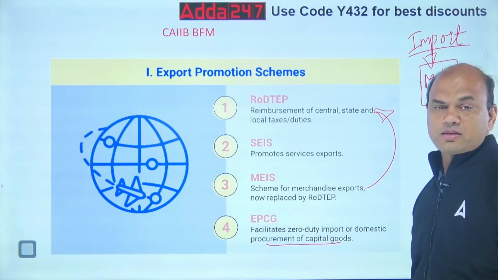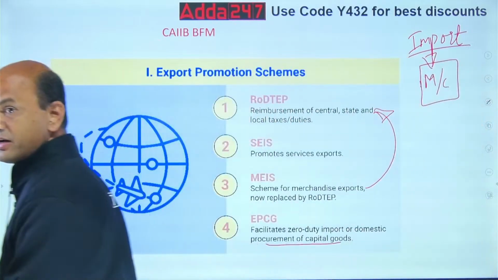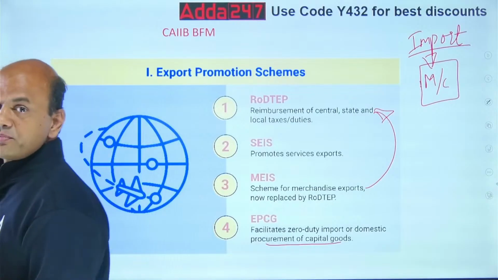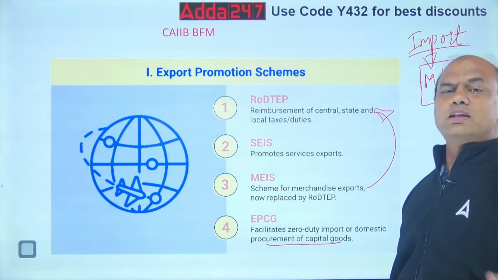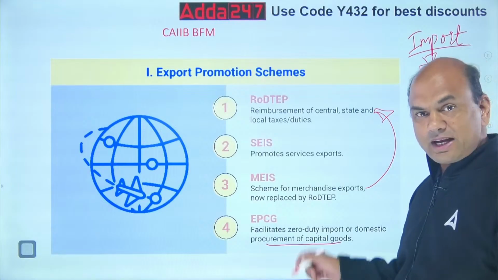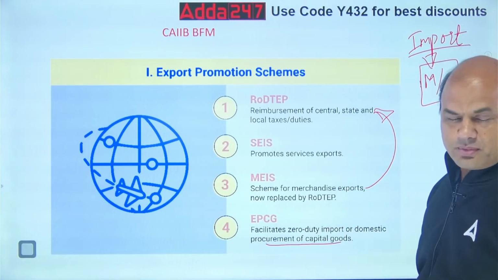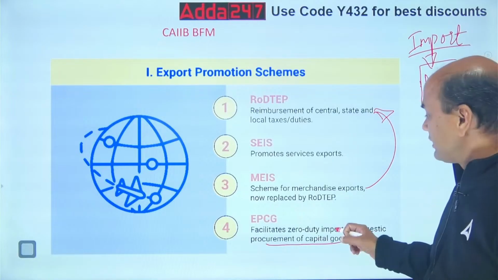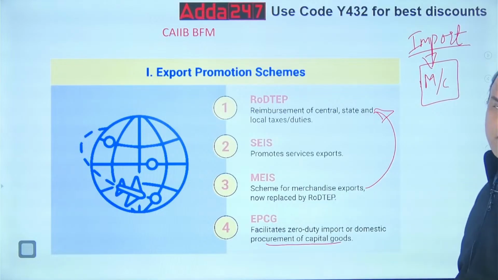On Bharat, 500% tariff just now announced. Afterwards again back, deal is done, sign the deal. So our government, Bharat, is allowing procurement of capital goods at 0% import duty.